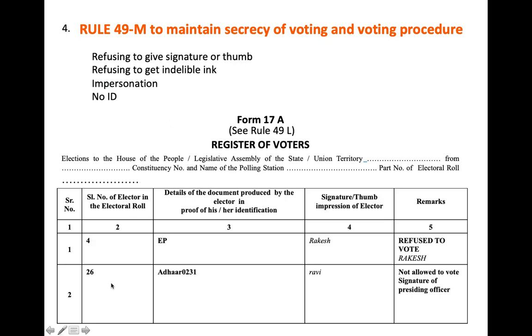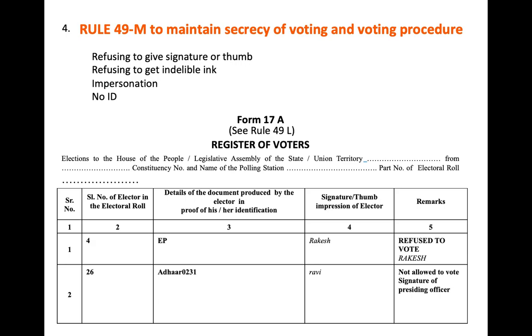So in such cases, suppose we have another voter, Ravi, and his serial number in the electoral roll is 26, and he brought his Aadhaar card that day. So we'll get his signature. But Ravi says that I do not want indelible ink. So he is not following all the processes of voting.